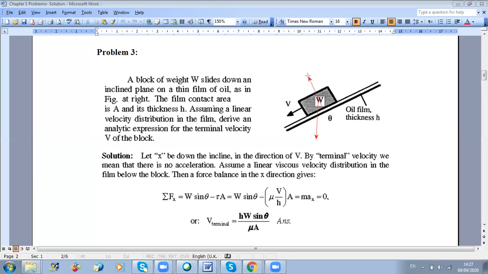And what is friction here? Friction here is due to what? Viscosity. Very good, to viscous effects. So I have the normal reaction, I have the shear, which I will call S, the shear force, and I have the weight.